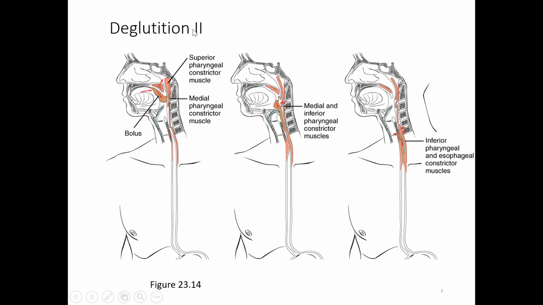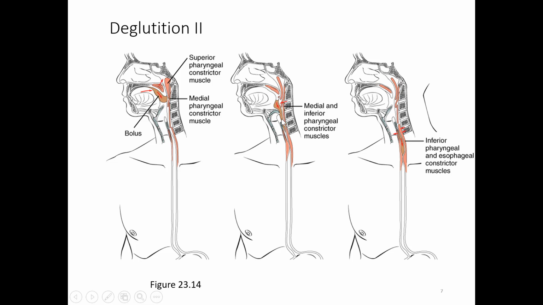So swallowing, or deglutition, starts right here from the first phase, when our tongue starts moving the bolus of food down through the pharynx. And we can control the first stage.